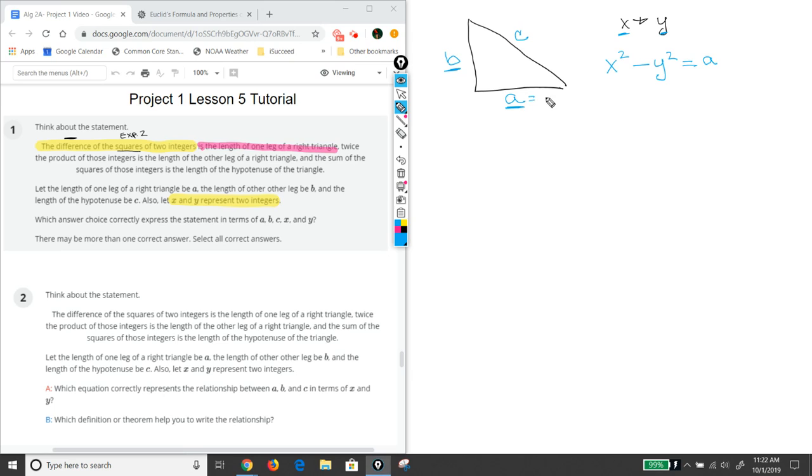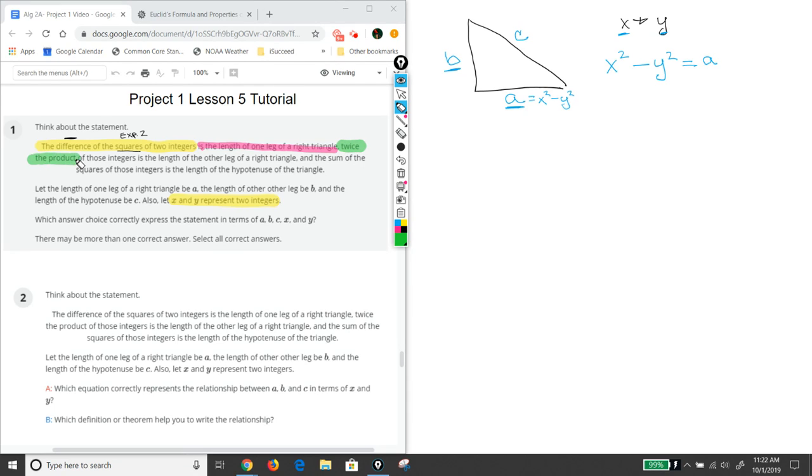So I'm going to just actually add that to my diagram. So again, you get to choose what x squared minus y squared is equal to. You can set it equal to A or B because both of those are legs and it doesn't specify which one it's talking about. Okay, so now, comma, it's like it's setting up a new equation or a new little formula here.